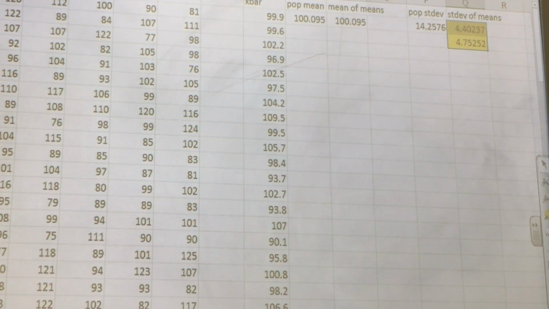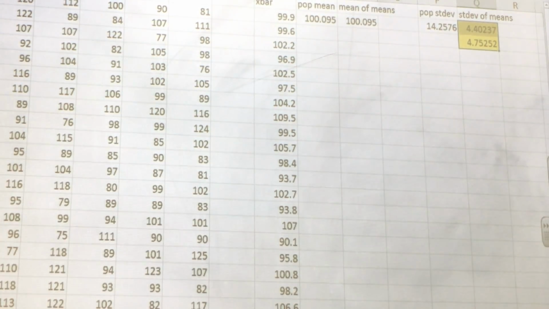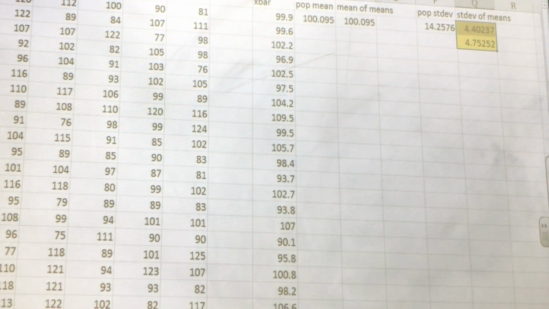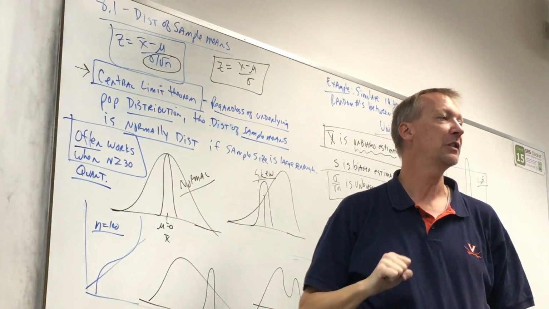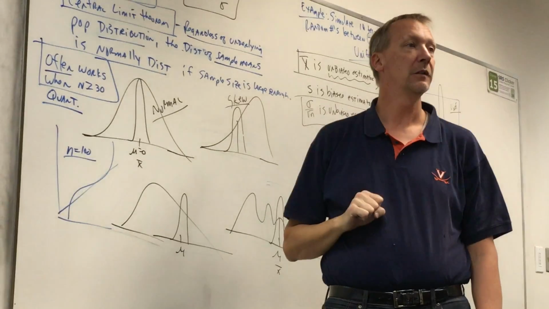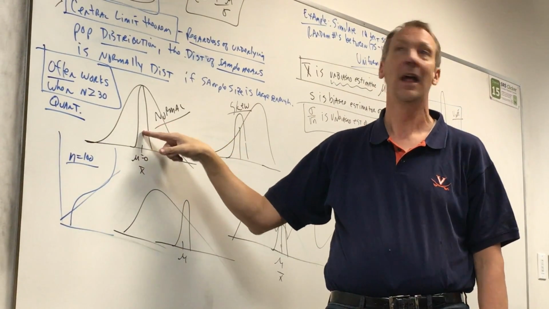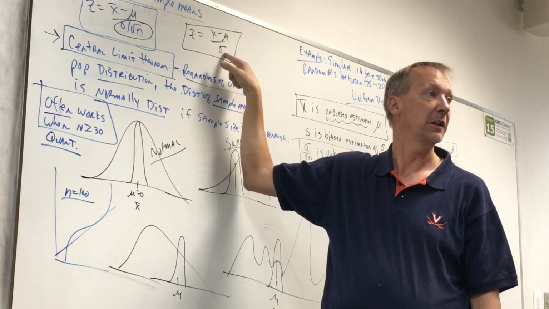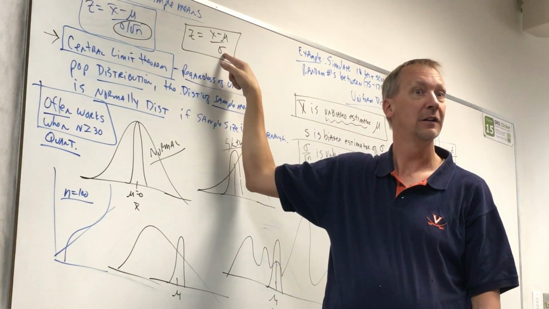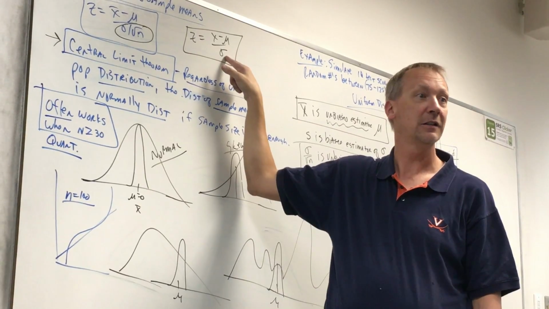So that's why we want an unbiased estimator. We want it to be a better representation of the standard deviation of the sample means. And that's why that is in the denominator instead of just plain old this. Does that make sense?